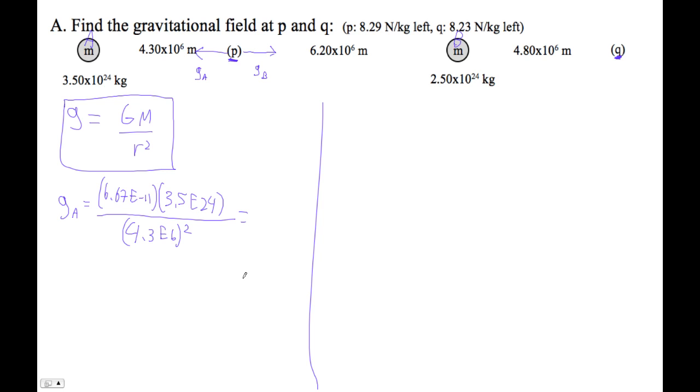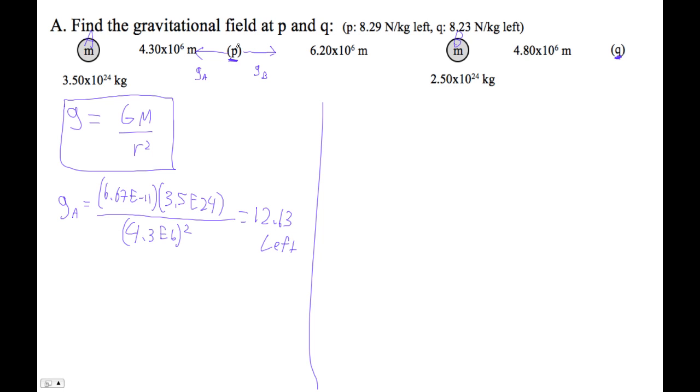So let's plug that in: 6.67 E minus 11 times 3.5 E24 divided by 4.3 E6 squared. And that is 12.63 to the left.